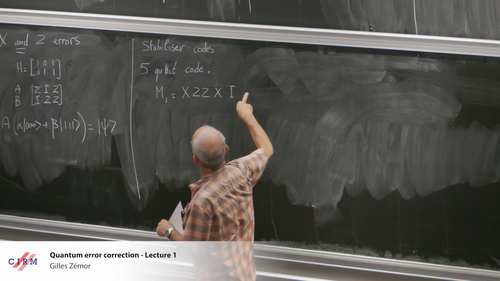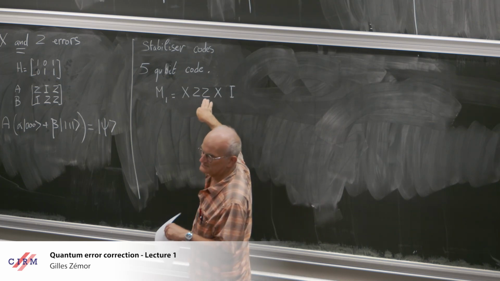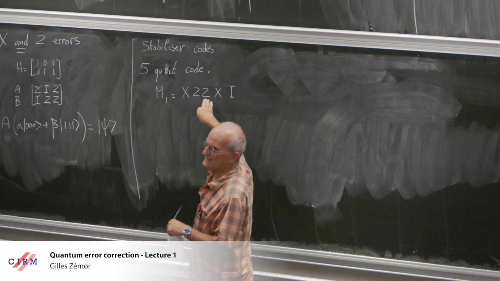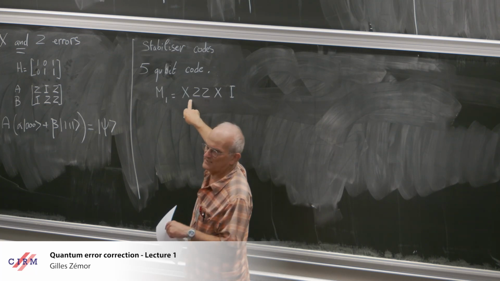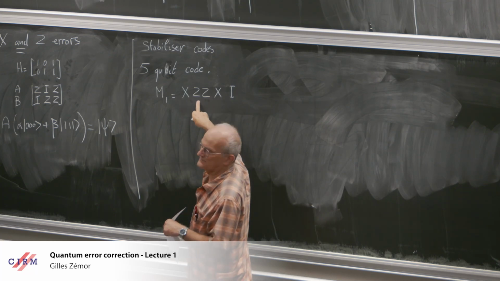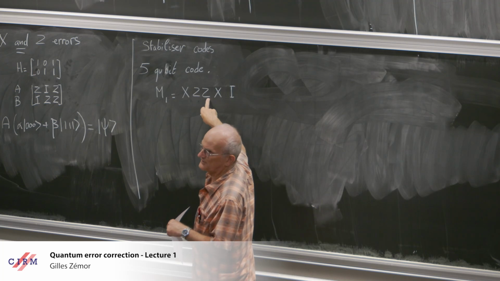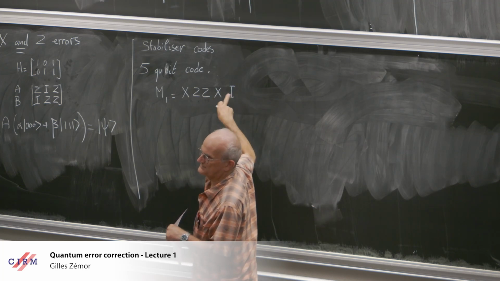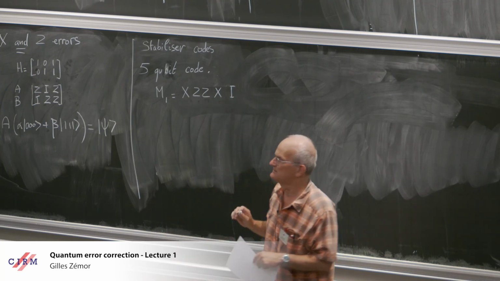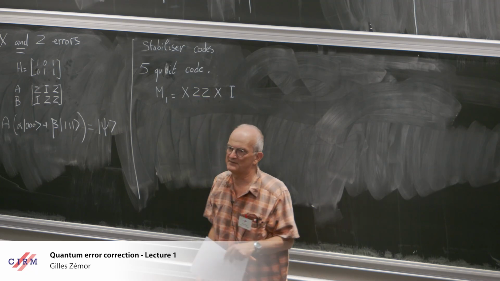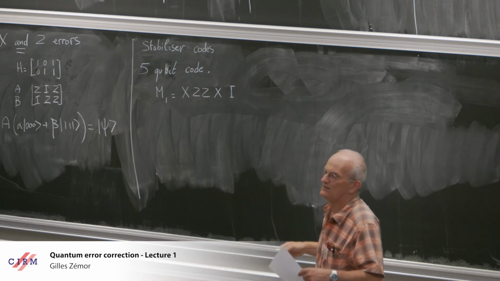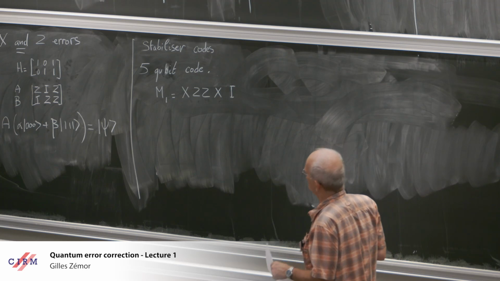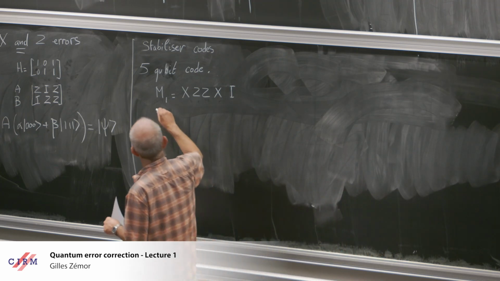These are really tensors, so this is a length 5 Pauli operator. What does it do? It applies an X on the first qubit, a Z on the second qubit, a Z on the third, an X on the fourth, and does nothing on the fifth. They're really tensor products here, but I'm not writing the tensor products to make notation lighter.